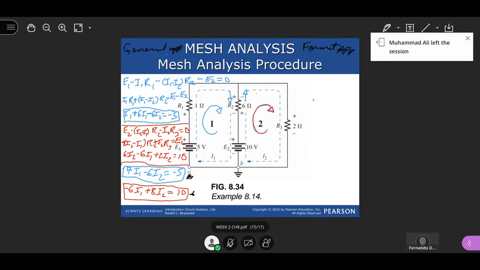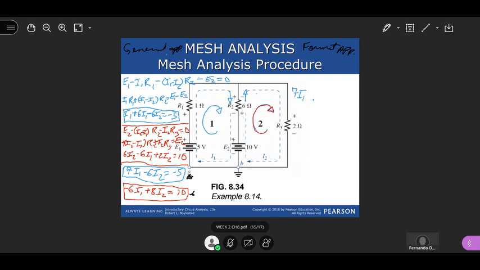So it's going to be R1 plus R2, which is 7, because it's 1 plus 6, is 7. 7 times I1. Then we take all the resistors that are common to I1 and I2. In this case it is R2. R2 is common to I1 and I2.